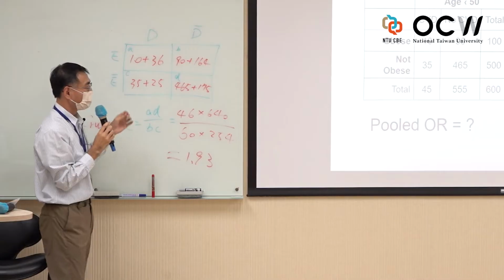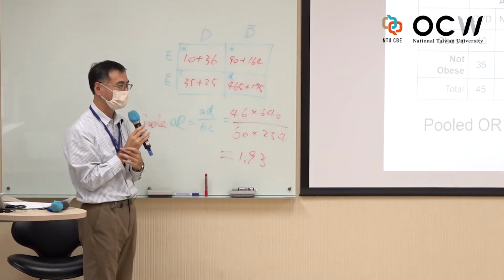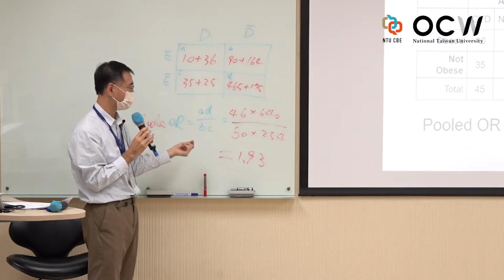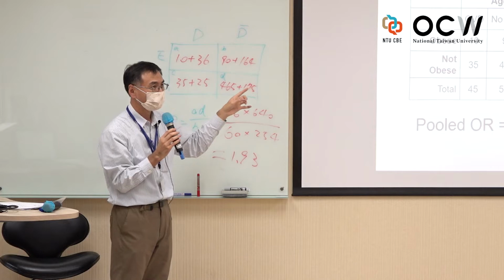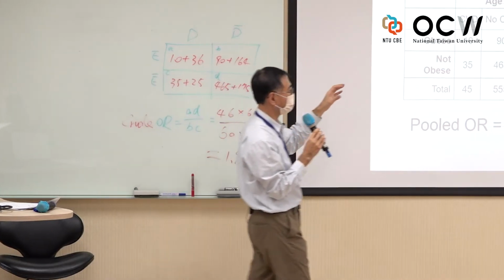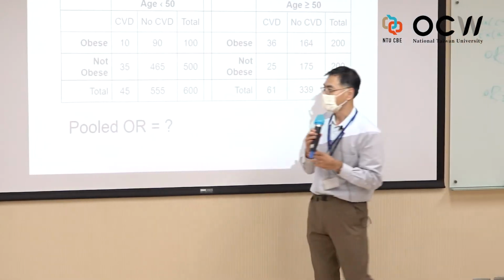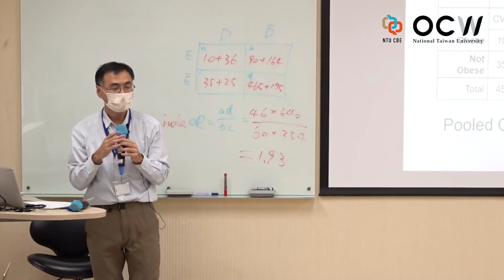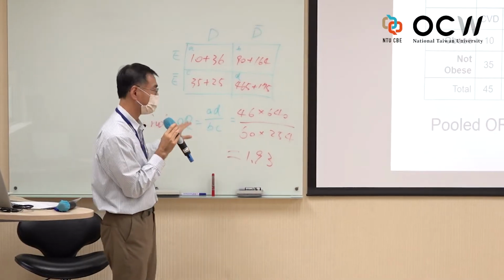So without the consideration of age, this is so-called a crude estimation of odds ratio. Crude odds ratio, which is 1.93. But age could be a potential confounder, right? So if we do the adjustment by the Mantel-Haenszel method, what is the number you got? 1.52, 1.5 something. But this is the crude one.